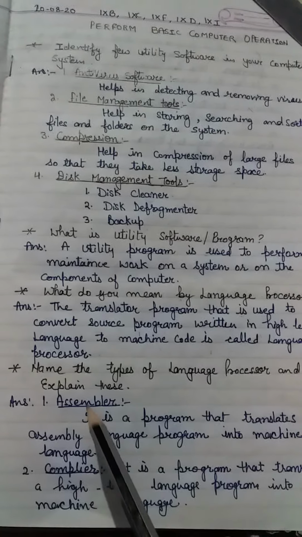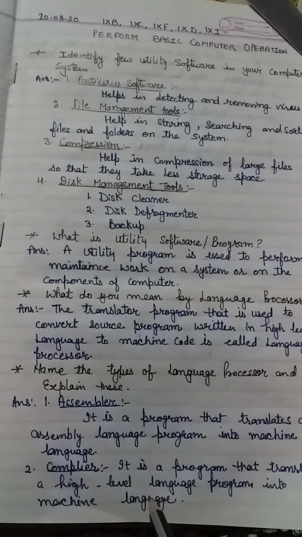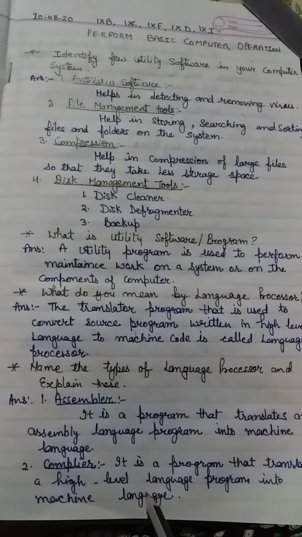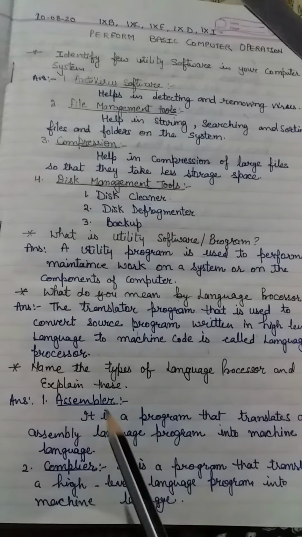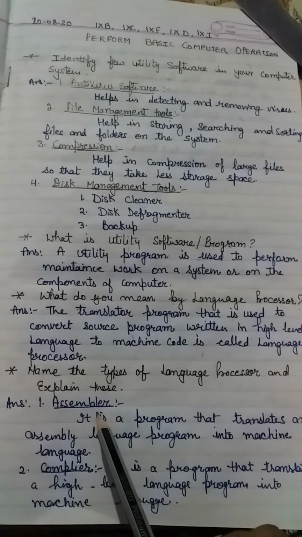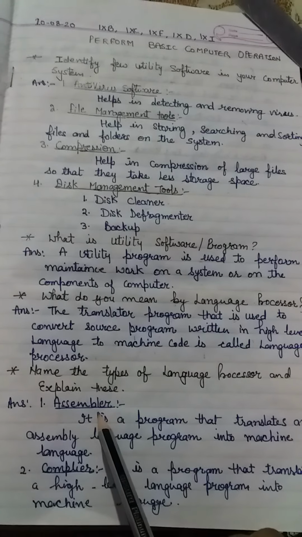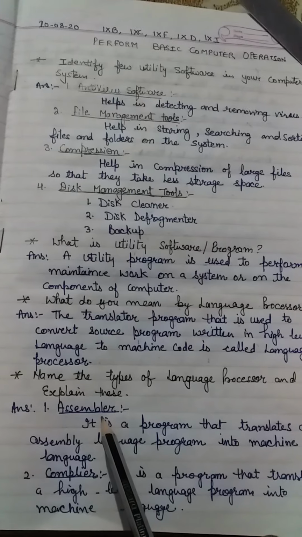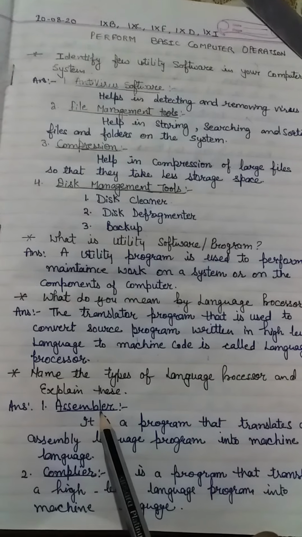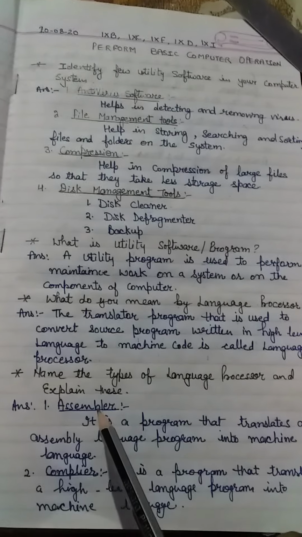I will explain in detail, but sometimes if you write only the name of the language processor, just write down the name. You have already done these language processors in class 8th. They are the assembler, compiler and interpreter. The third one is the interpreter.